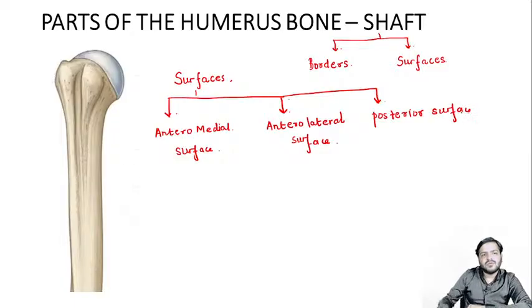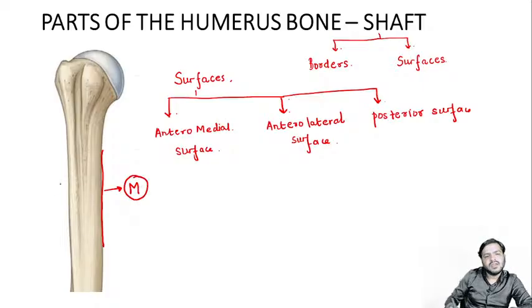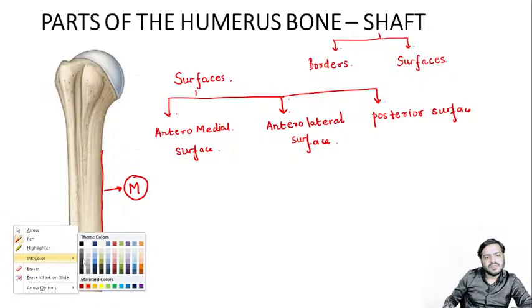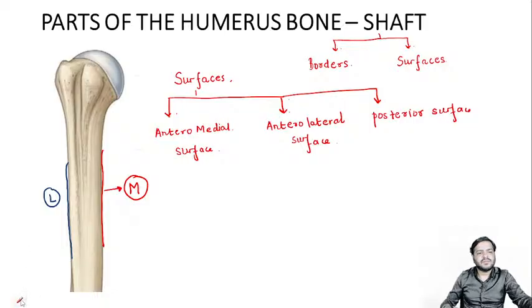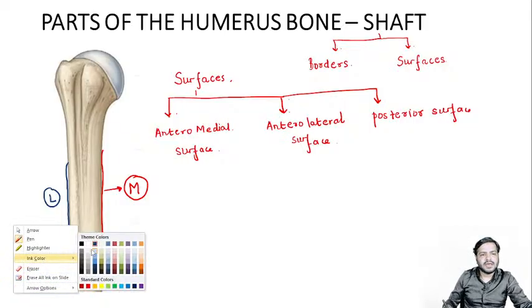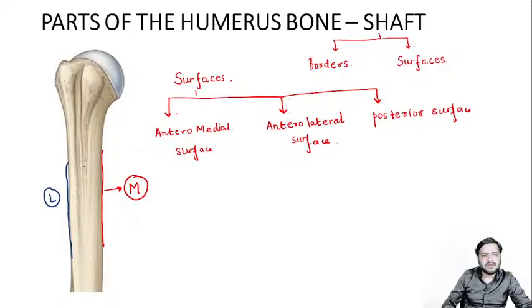Now guys, you already know this one is basically the medial border. Suppose this is the medial border, and this one is the lateral border. In between the lateral and the medial border, we have a border called the anterior border.